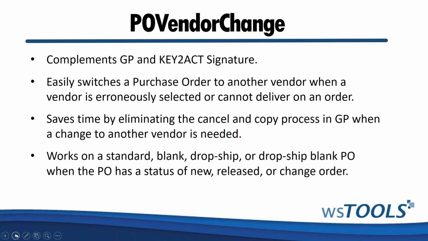That one is very, very straightforward, switching the vendor on a purchase order. It eliminates the need to cancel and copy. We'll show you that would be an option, but there are some benefits of using PO vendor change over having to cancel the original PO or copy it to a new one and assign it to that vendor.